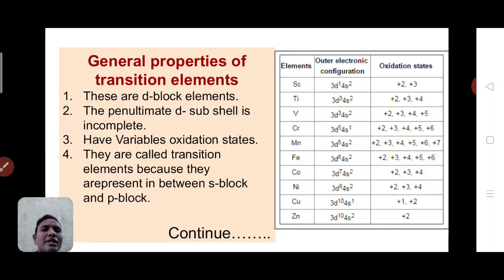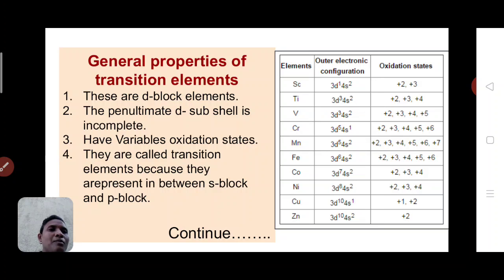What is variable oxidation state? See in this picture, variable oxidation state means the elements have changing oxidation states. What is oxidation state? Oxidation state means the state acquired by any atom after loss of one or more electrons.